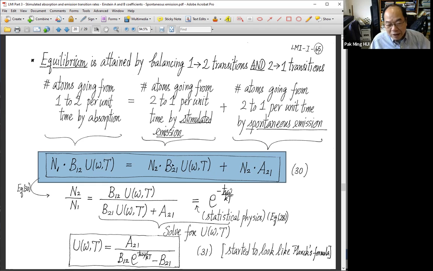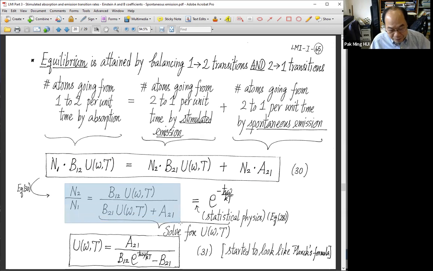Right? You factorize N2 out, divide the whole thing to the other side, divide N1 to this side. So you get this. Okay? So this highlighted box is obtained from equation 30. Okay? But now, statistical physics says this ratio is also this.